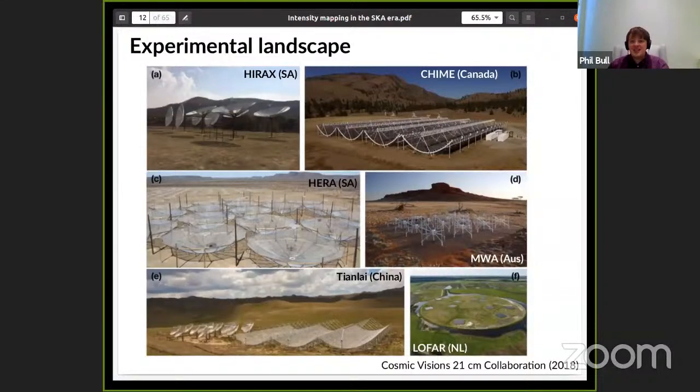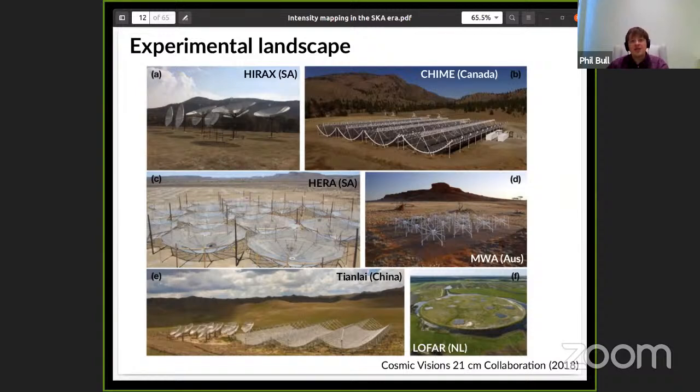But then on the other hand, they're also just these lumps of metal that almost look like they're from a scrapyard, and they've just been dumped in the desert. So I think there's a kind of beauty and a kind of symmetry to the fact that these very high tech machines that we're using to look back to the dawn of time are made from the same materials that we would use to keep chickens from escaping from us.